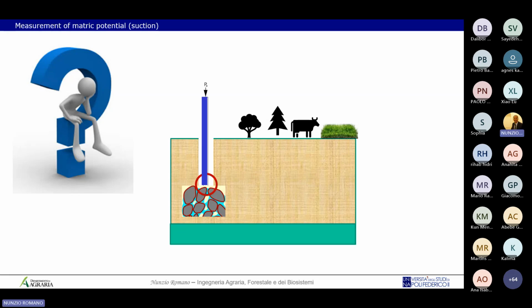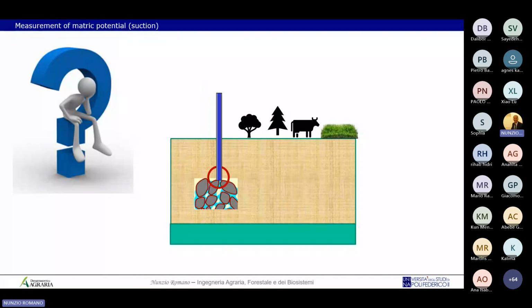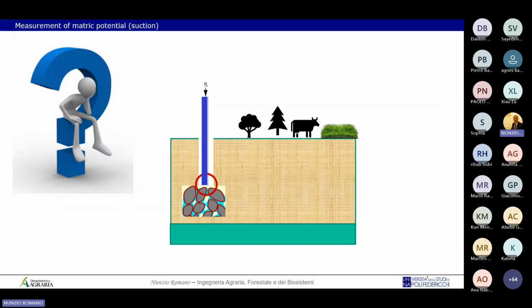Again, you should keep in mind the equilibrium of forces. You have the atmospheric pressure on the top of the piezometer. Then you have the entire column of water, so the weight of water is really big, but you have a negative pressure in the soil.